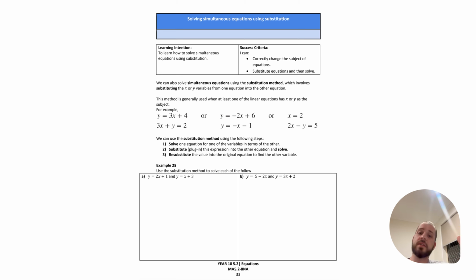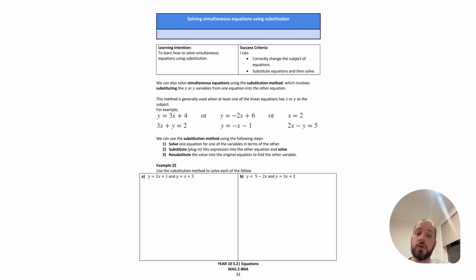Now, that may sound a little bit challenging, a little bit daunting to start off with if we're unsure, but we're going to go through the examples and I'm going to show you where the steps are used. So if you look at step 1, it says solve one equation for one of the variables in terms of the other. What you want to do is break up the question into two sides. You can see here it says y equals 2x plus 1 and y equals x plus 3.